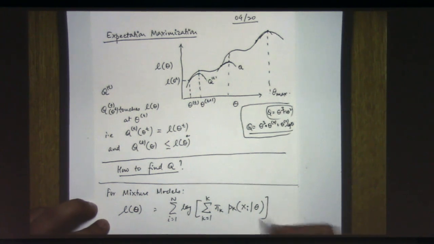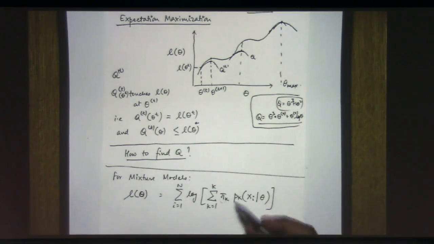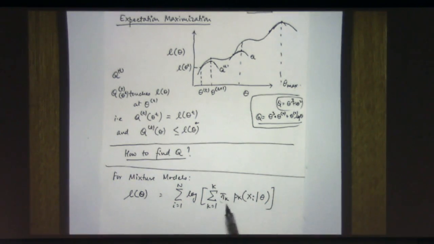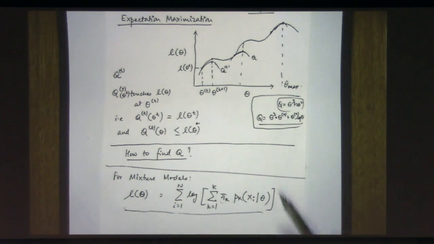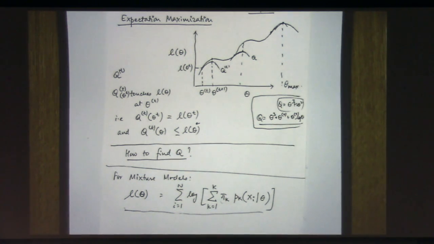We assume that we have k mixture components, and each mixture component has some probability of being chosen, that is pi k. And then given a mixture component, there is a probability function, a PDF, to give the probability of xi given that mixture component. So we know what our L of theta is, but we don't know what q is. And if we know the q, then we can do this expectation maximization.